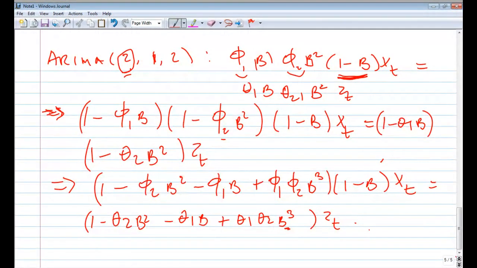On page 36 of the lecture notes, they are in backshift operator there. Let me just write them down if you don't have them. Can I continue to the next one? Yes.